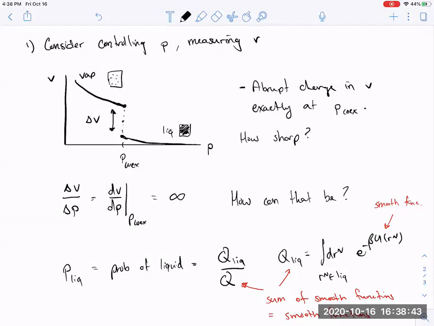I never can stay right in between. And because that is infinitely sharp, an infinitesimal change in the pressure off of that coexistence pressure will dump me into either the liquid or the vapor. I can never control the pressure precisely enough to actually see something in between.